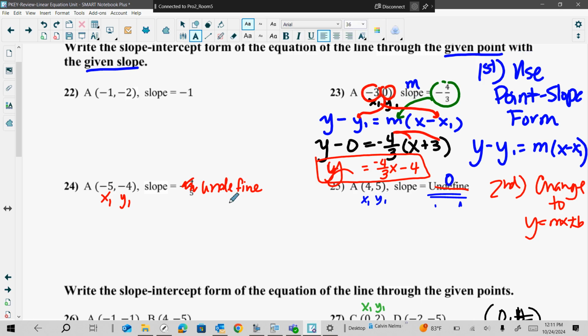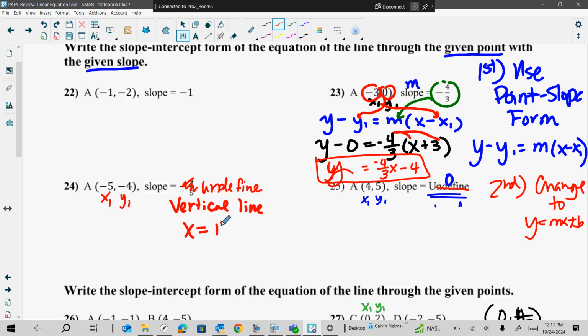If the slope is undefined, then that means you have a vertical line. So if you have a vertical line, it's x equals a number. The number is basically just the x coordinate. So this equation would just be x equals -5, and we're done.